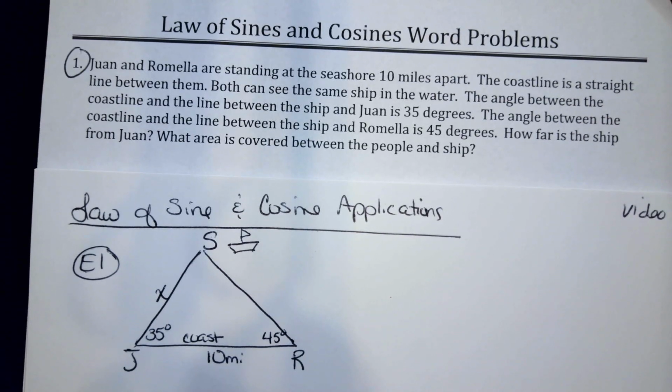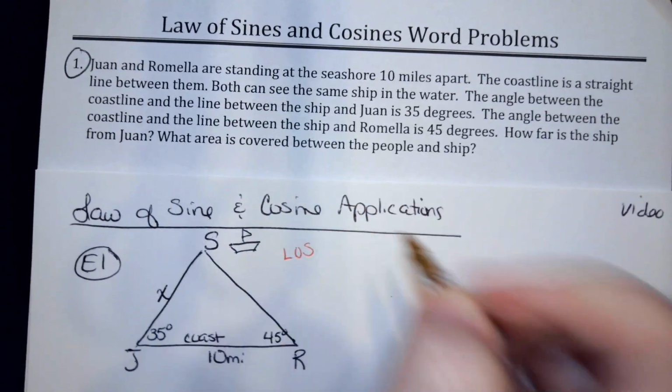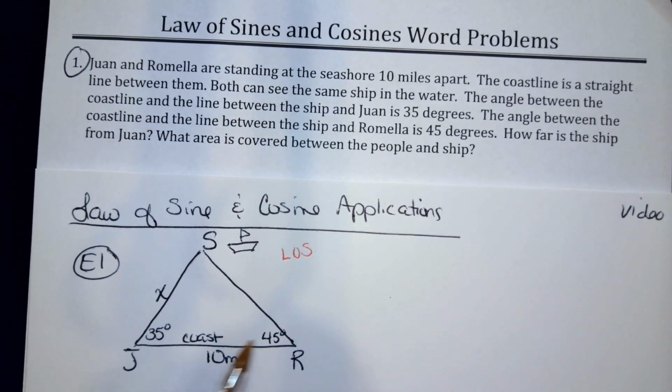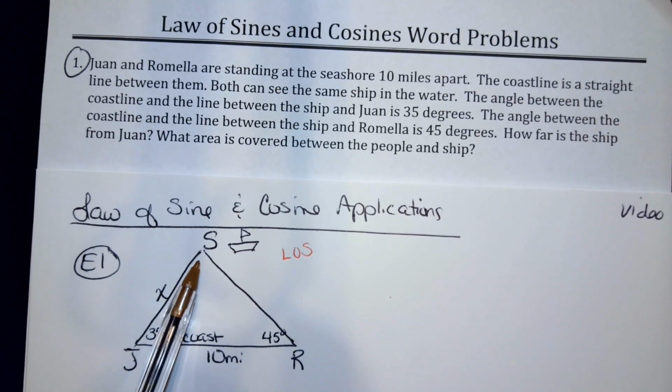So we got two choices here. We got law of sine or law of cosine. For law of sine, we need an angle and the opposite side. Well, I think this is going to be law of sine, because even though we don't know S, we know enough of the angles to find this.